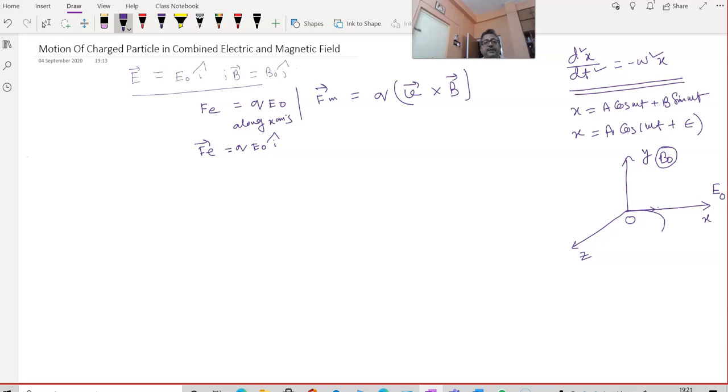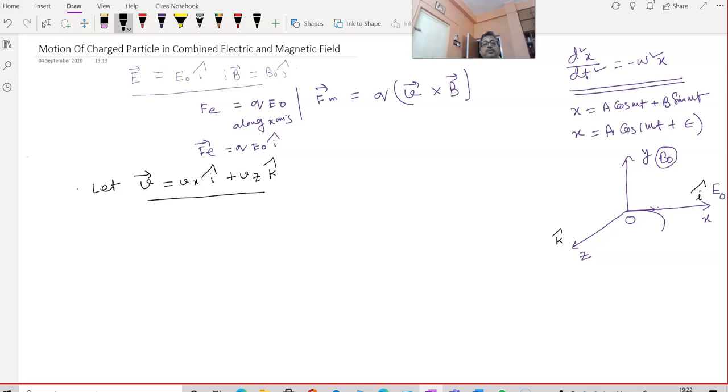Let v equal to vx i plus vz k. Because the particle will lie in the xz plane, the unit vector in this direction is i cap, in this direction it is k cap. So v we can assume this manner, vx i plus vz k.